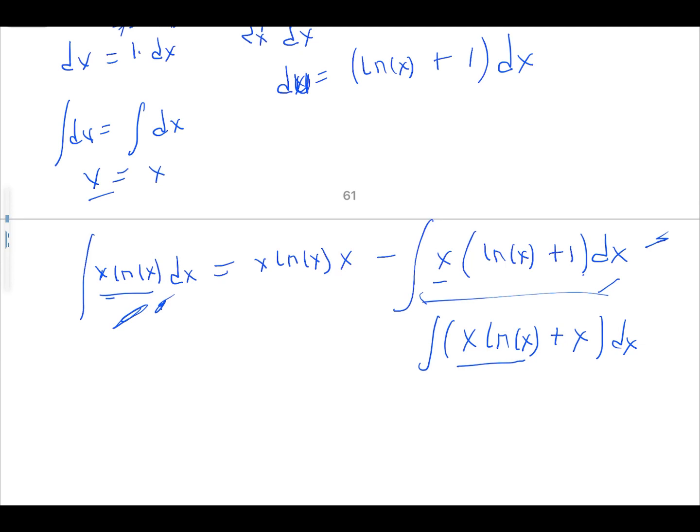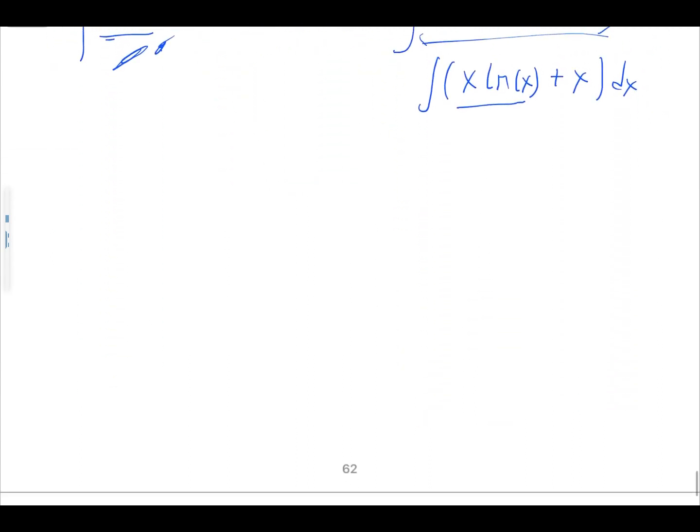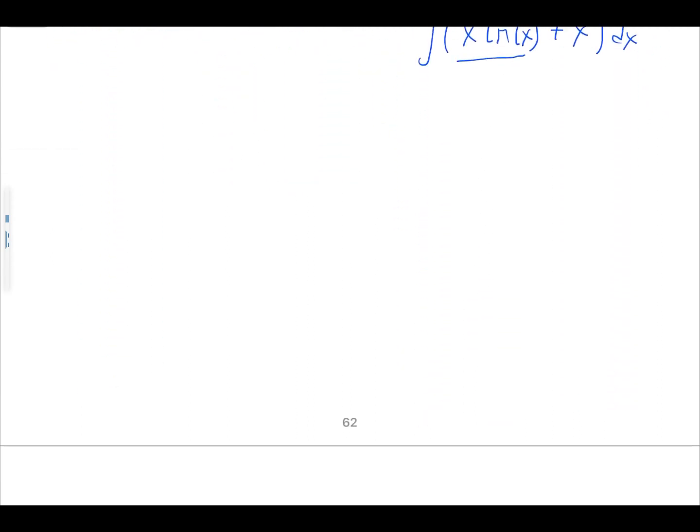So in view of this, we will have to reconsider the functions that we assign for dv and u. Therefore, we go to the next trial. Now the next trial is that we have our function to be the integral of x ln x dx.